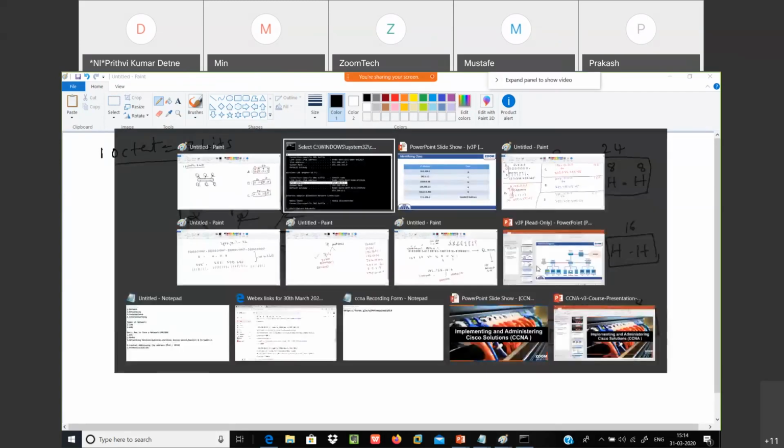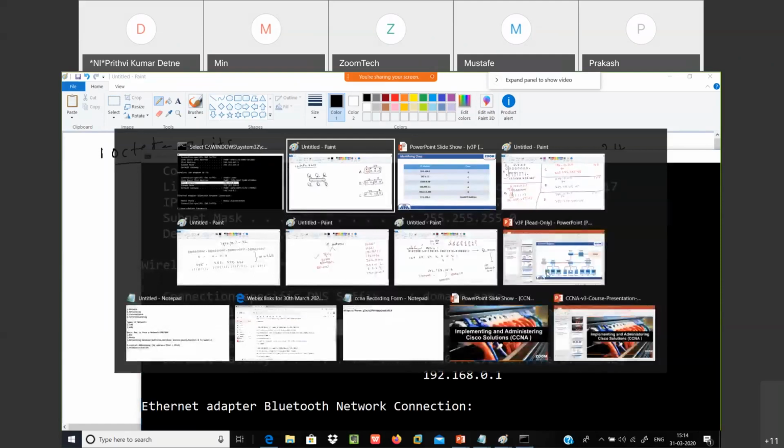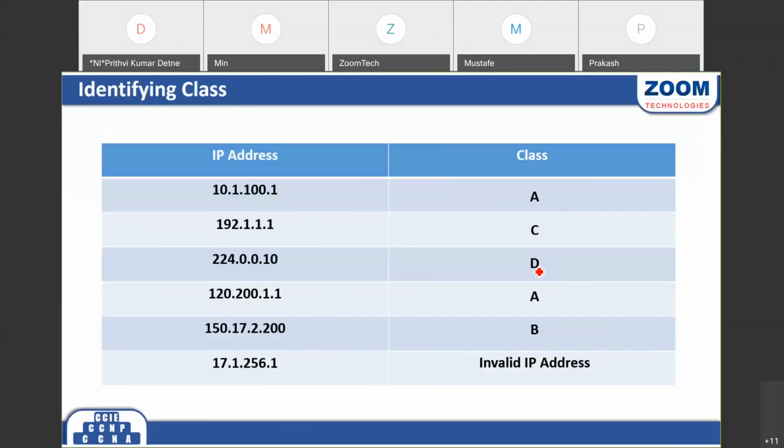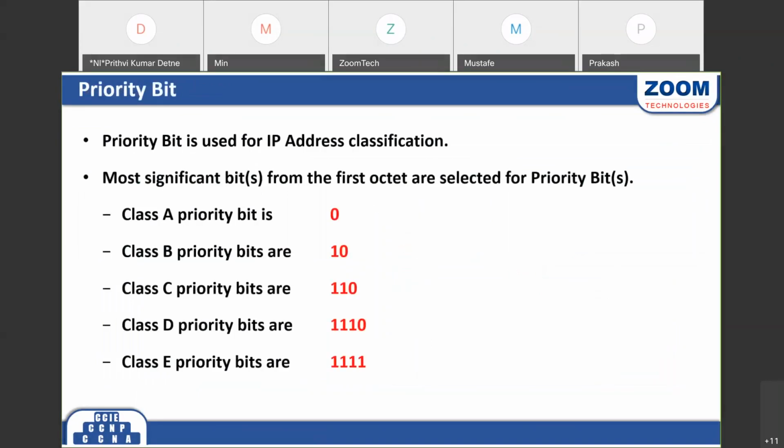Now, we'll go back to priority bits. The priority bits for class A: one bit is a priority bit.